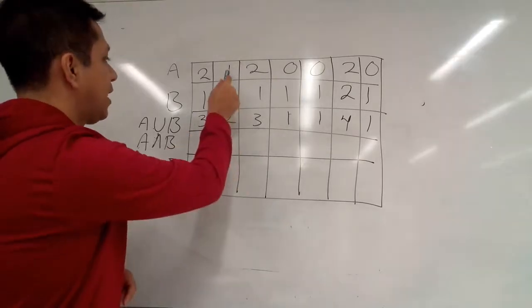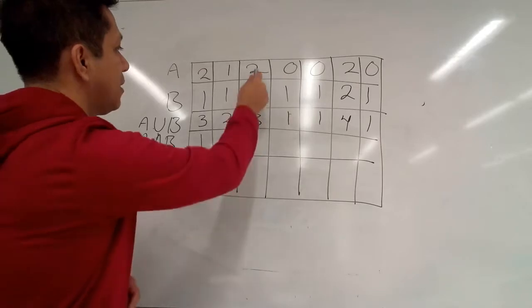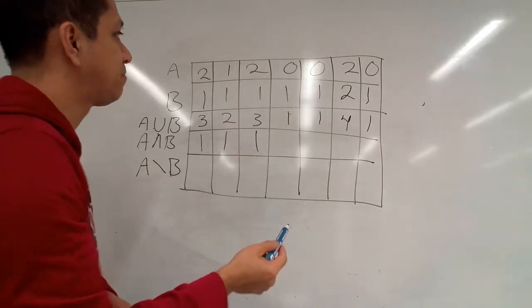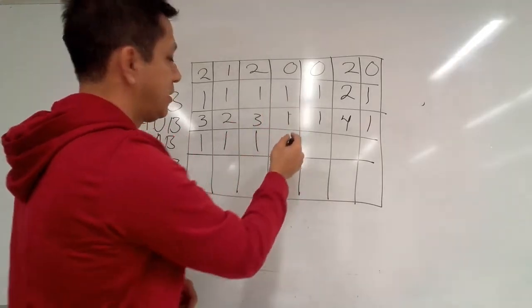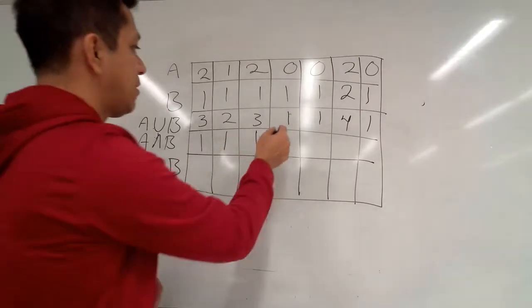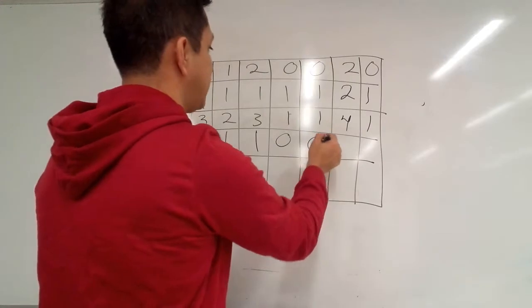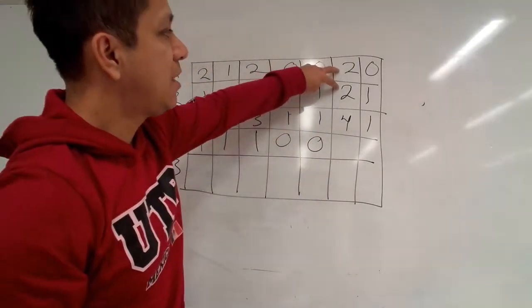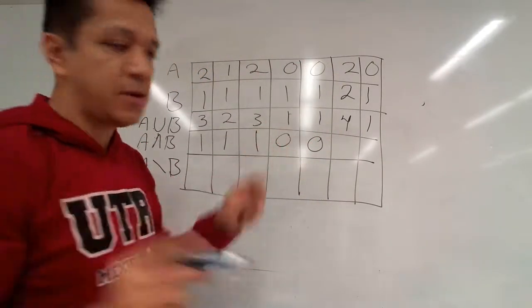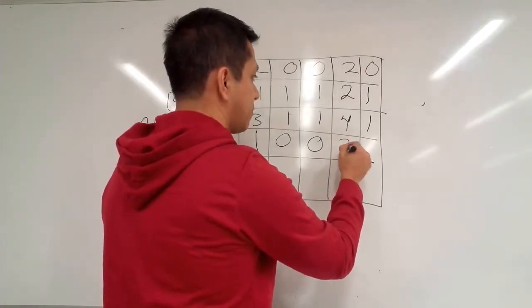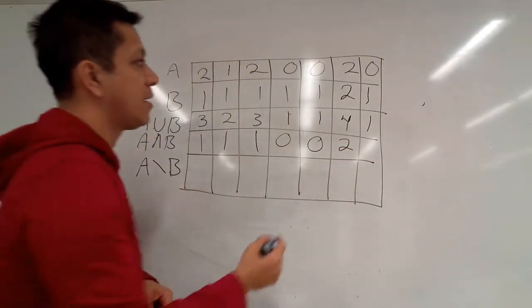In this case it also appears one time. This has the same situation. Here nothing appears, in A or B. This has the same situation. Here it is going to be the number 2. Let me explain why.